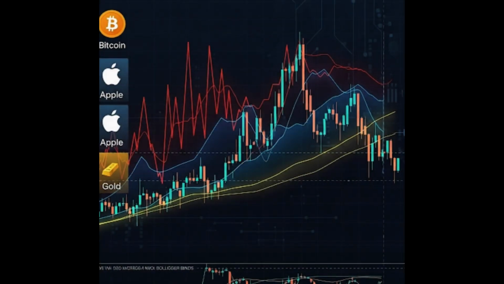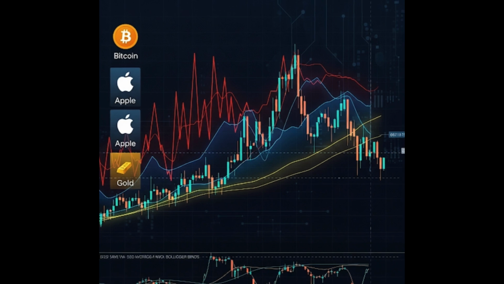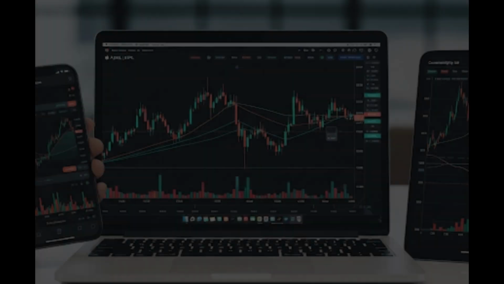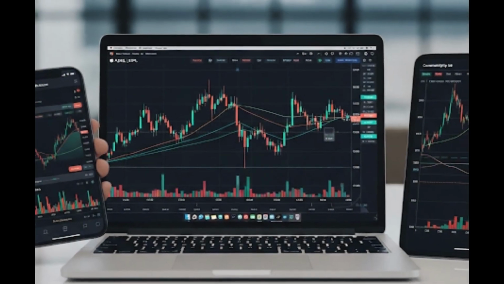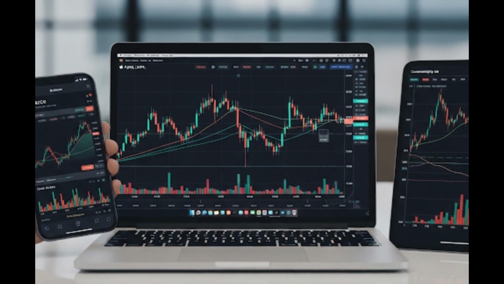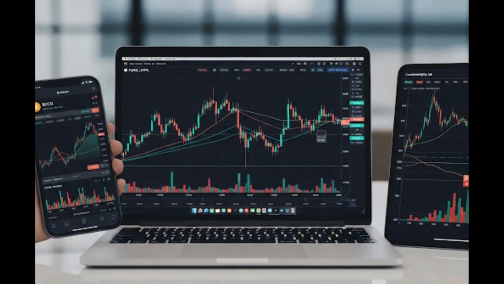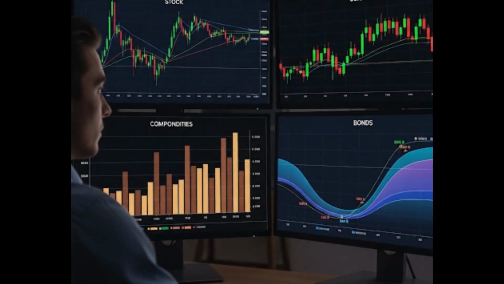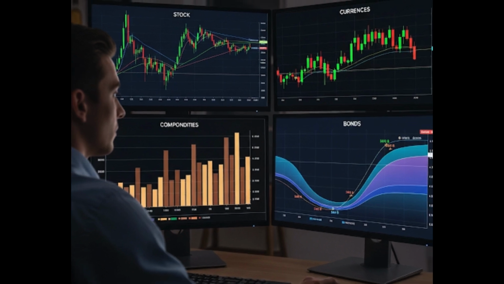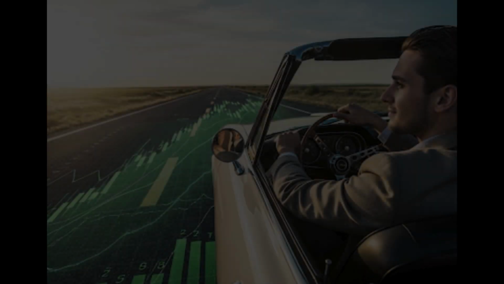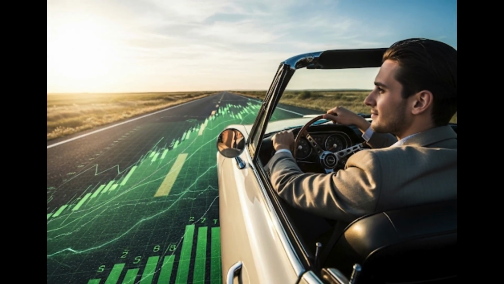One of the biggest advantages of technical analysis is its versatility. As long as there's price and volume data, you can apply TA to any asset class: stocks, commodities, currencies, even bonds. Think of it like driving a car.